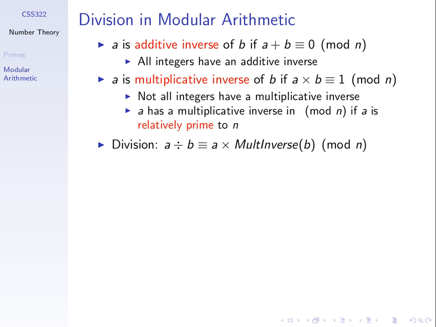But in modular arithmetic, we're operating in the confines of this set. In this case, Z8. We don't have negative values. So what's the value? The value that we add to 3 to get 0 in mod 8 is 5.